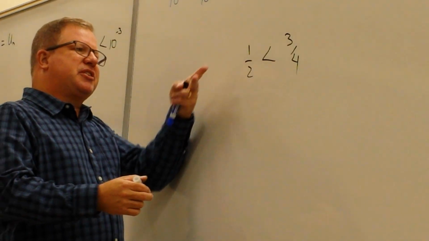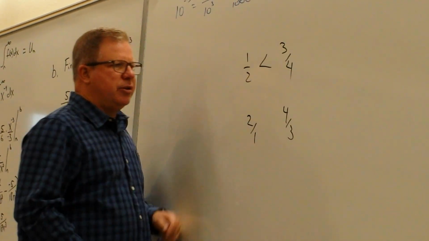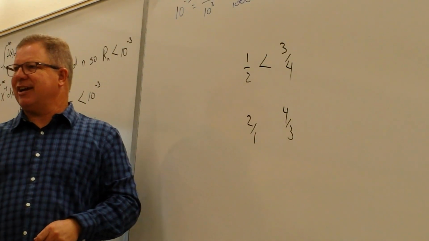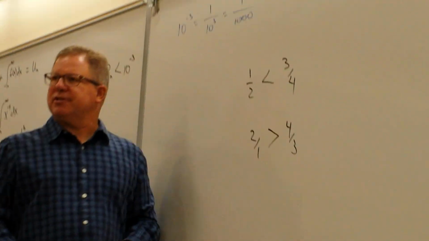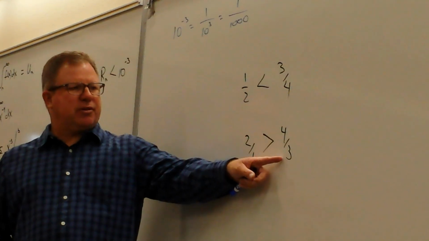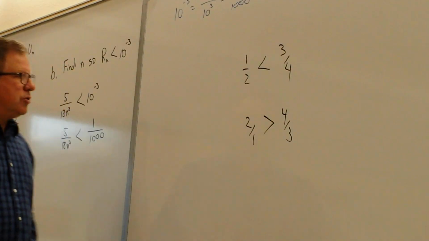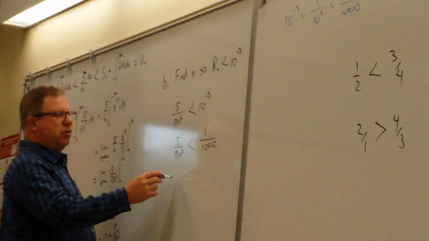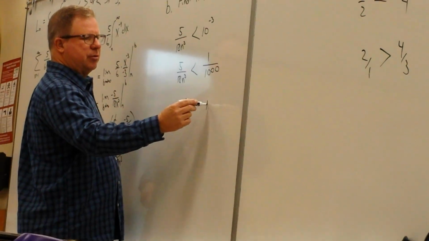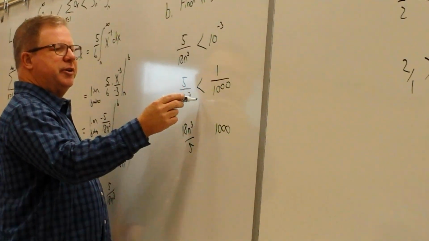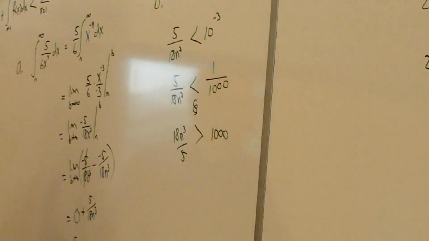But if we do the reciprocal, 2/1, 4/3, now which side is less? 4/3 is less, isn't it? Because that's like 1 1/3. That's less than 2. So if we do the reciprocal of each side, this needs to reverse direction. Okay?